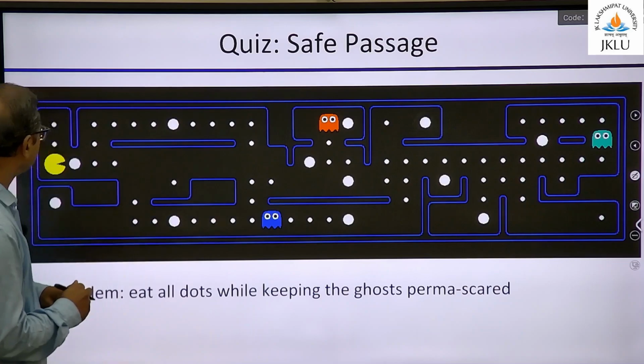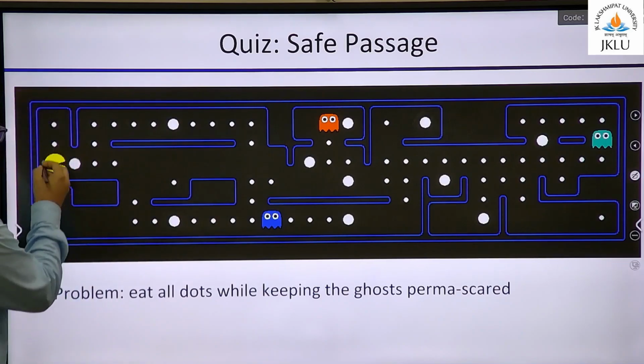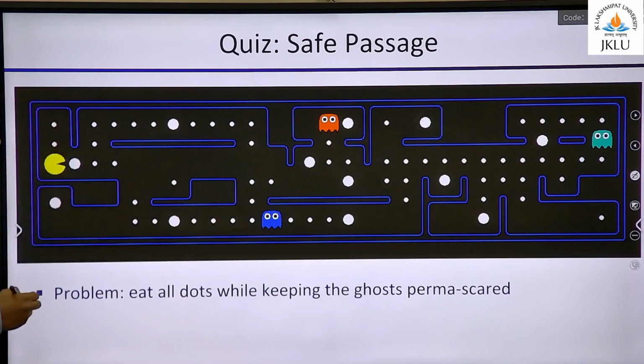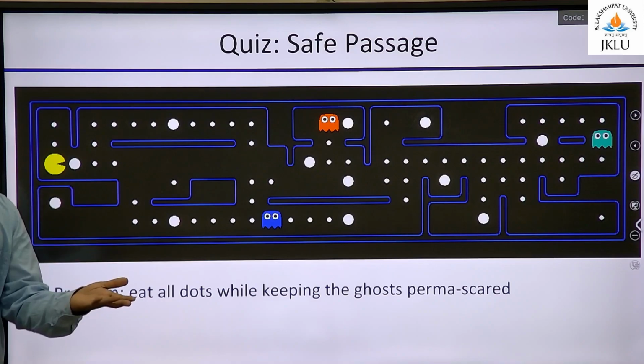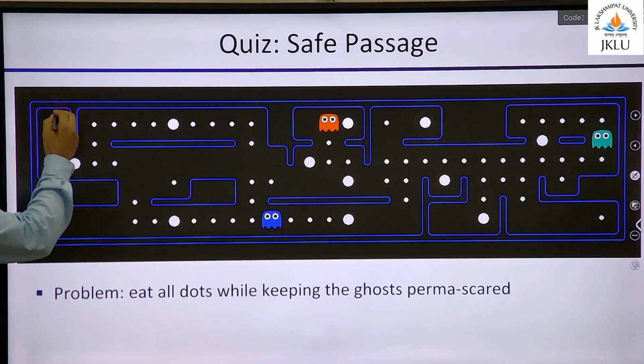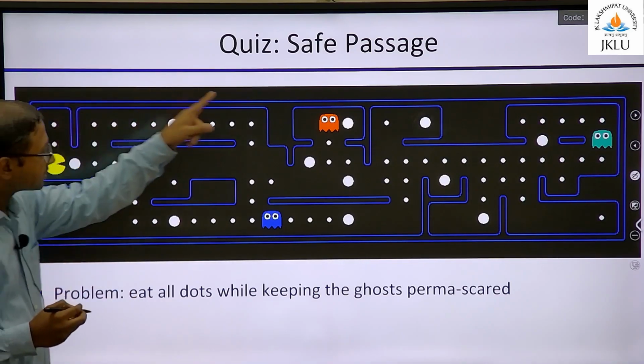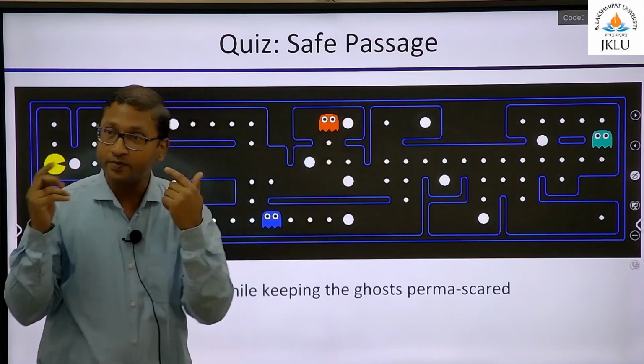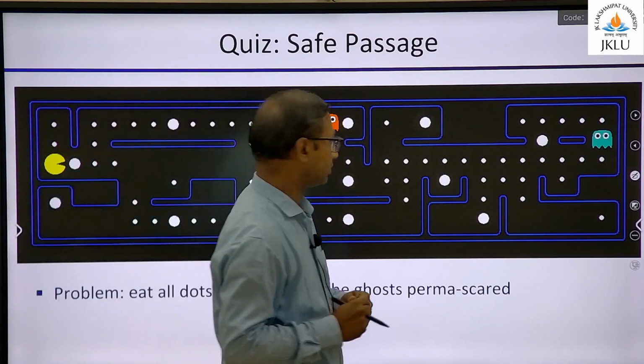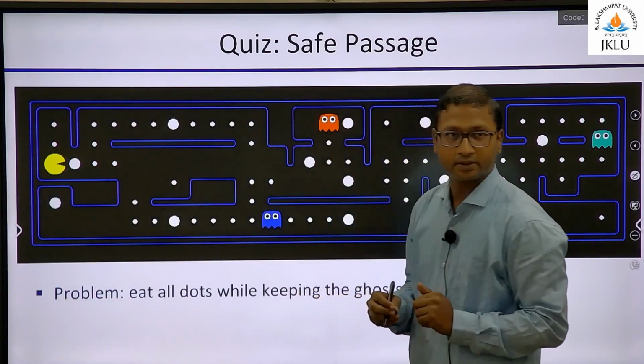So, for example, if I go this direction up, I can't be there for more than X number of seconds, because if I stay here, ghosts are not scared. Ghosts will be scared when you eat this power pellet. Okay?